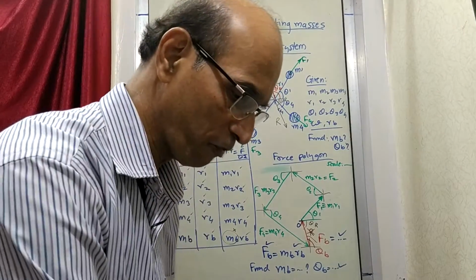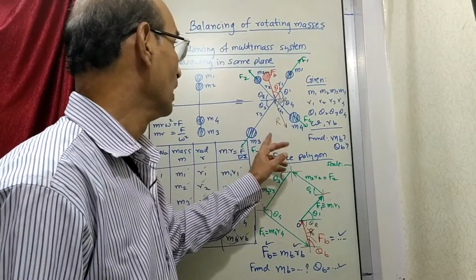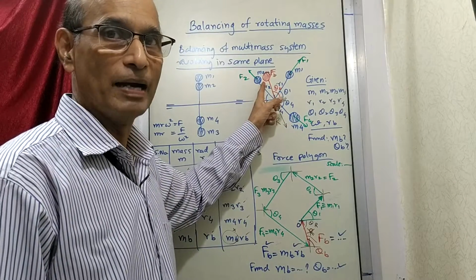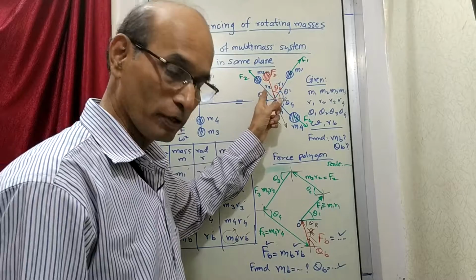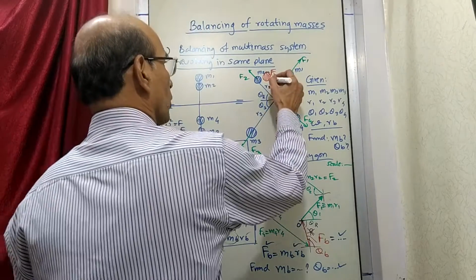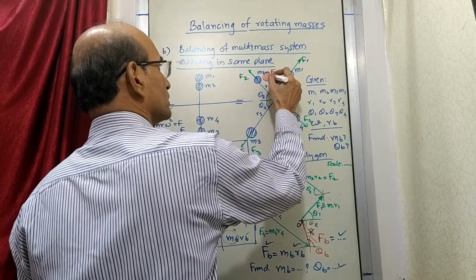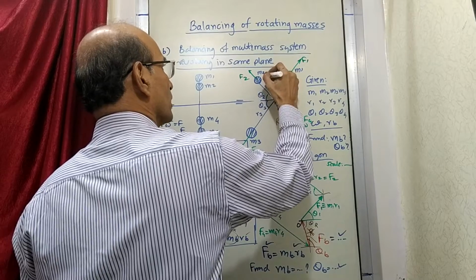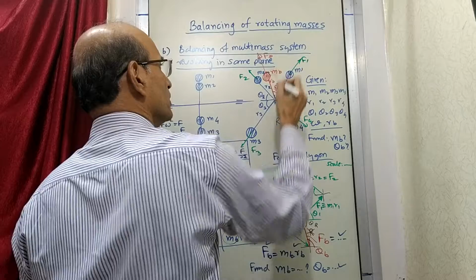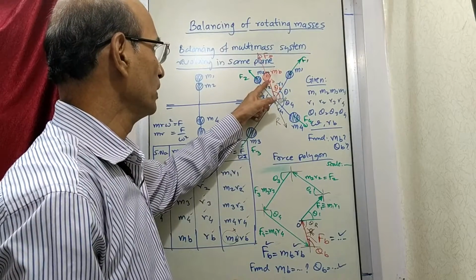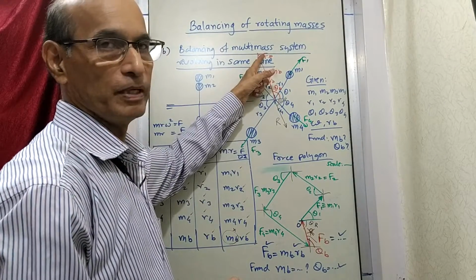So now the 4 masses and the 5th mass which you add, whose magnitude is MB at a distance of RB, which you can show here, MB RB. You can call this RB and show this FB will be here. FB and this mass is MB. So MB, RB, theta b and FB.